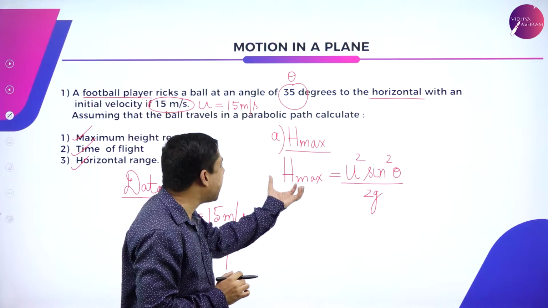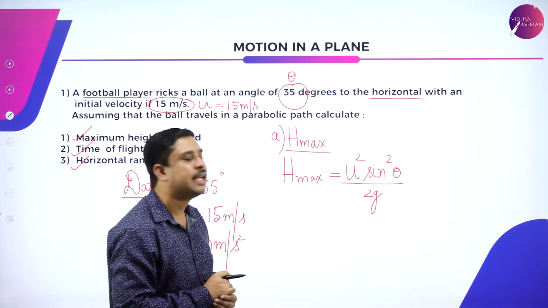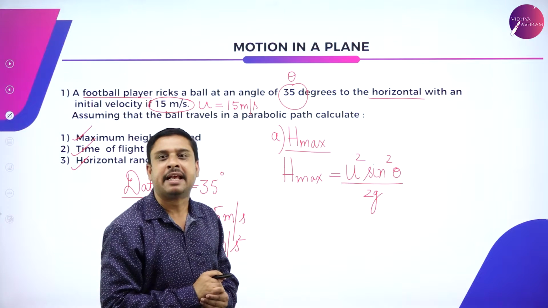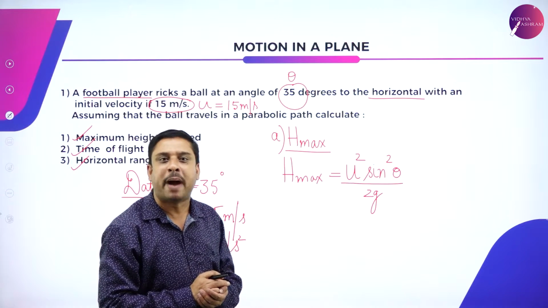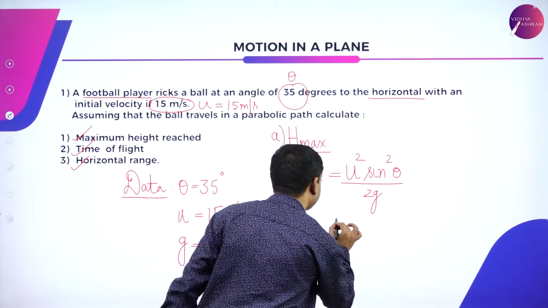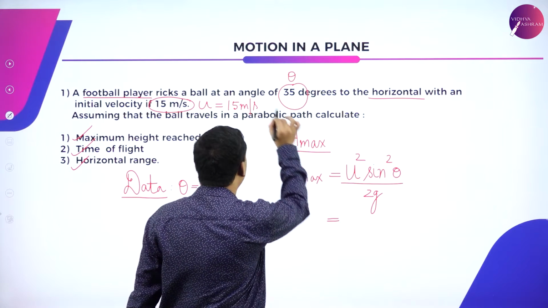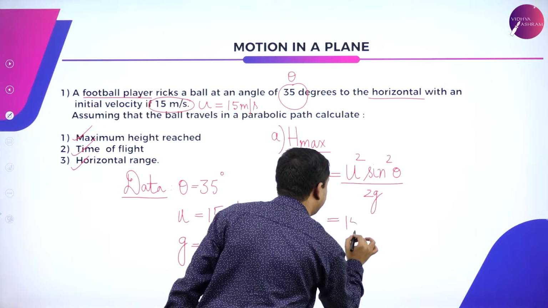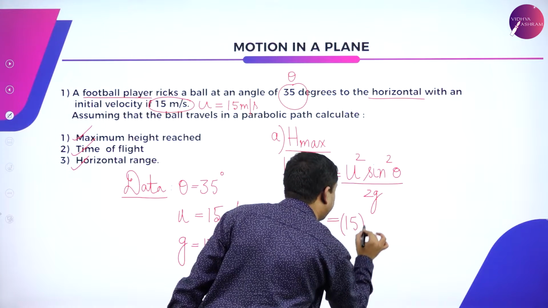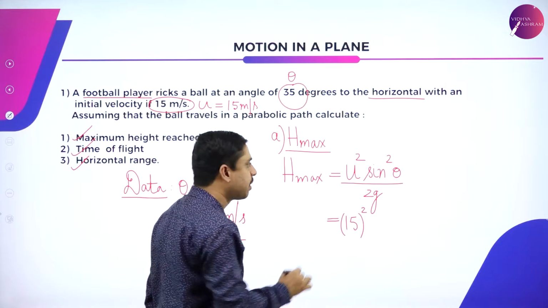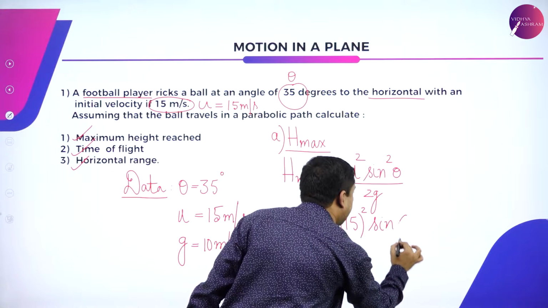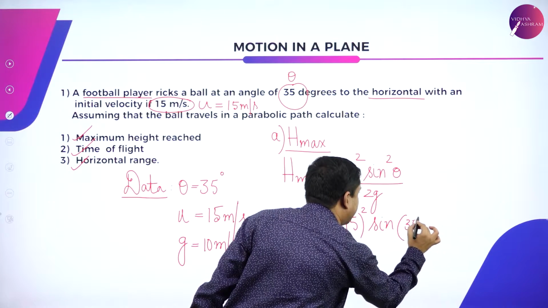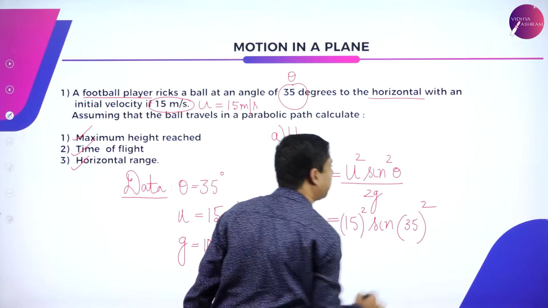Very clearly, maximum height is u square sine square theta divided by 2g. U is 15, 15 square. Sine theta is 35 degrees whole square.